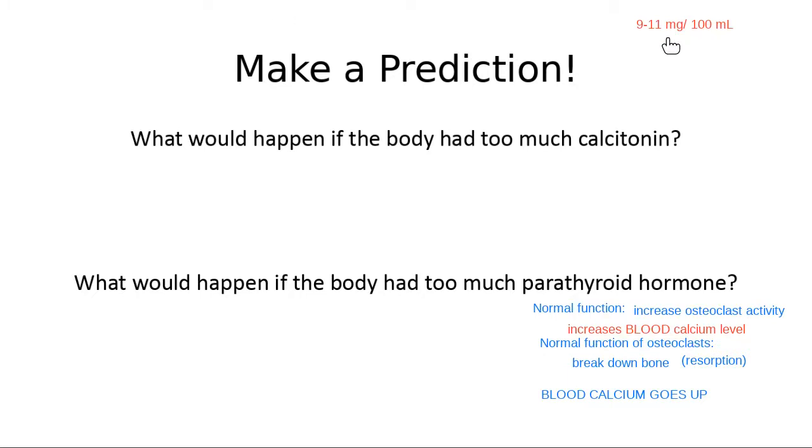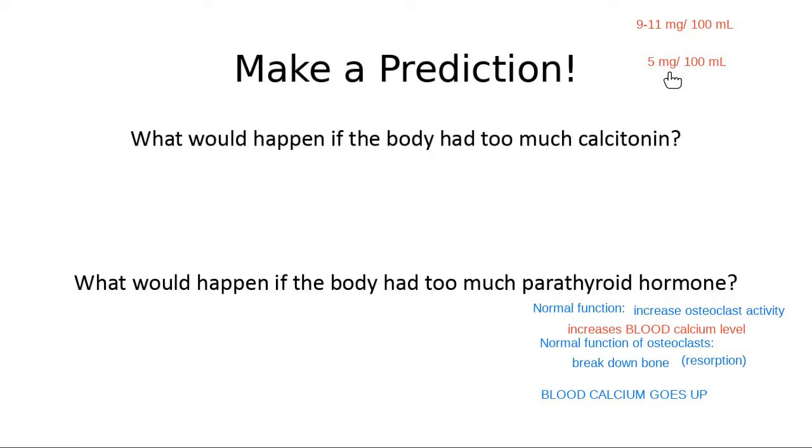I must have this much in my bloodstream to function correctly. If this number gets low, let's say we're down at 5 milligrams per 100 milliliters, if that's what my blood calcium is now, my body says, OMG, not enough. I don't have what I need.